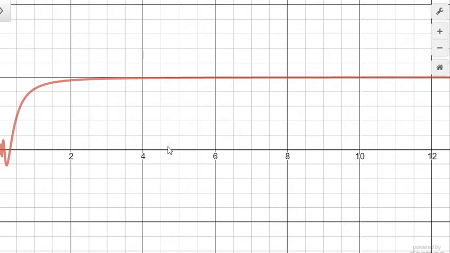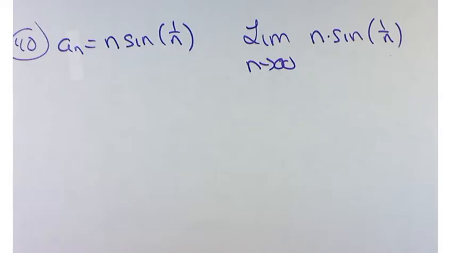Does it look like it settles down to something? Infinity times 0 gives me what? In this case, 1. Looks like it's going to 1, right? But the problem that we're running into is it doesn't look like there's a convenient way to calculate that, to show it analytically. But we kind of know in the back of our minds, it looks like it's going to 1.